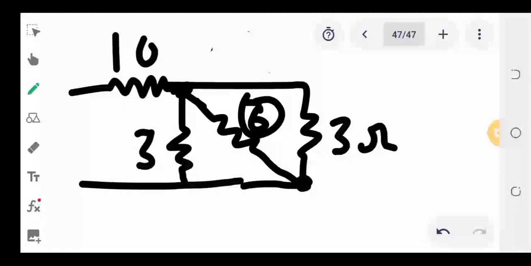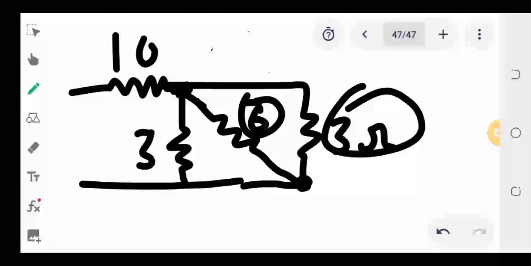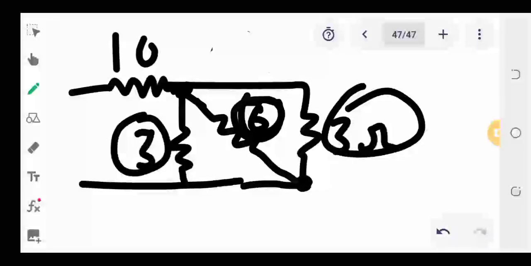They are sharing these 2 nodes with the 6 ohm resistor and the 3 ohm resistor. At the same time, I have observed that the 3 ohm resistor is sharing 2 nodes with the 6 ohm resistor. So I can say all these resistors are now in parallel arrangement.